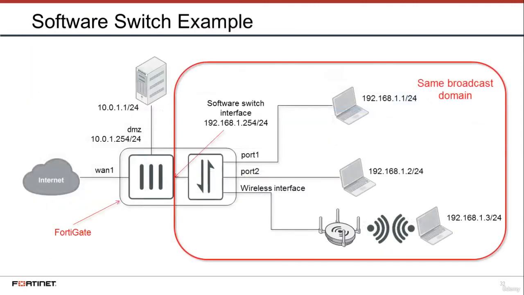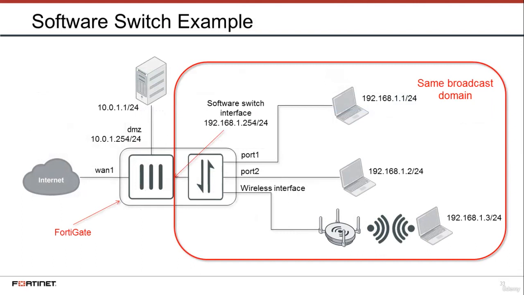Software switch example. In this example, the administrator grouped the wireless interface with port 1 and port 2 to form a software switch. These three interfaces are part of the same broadcast domain. All the devices connected to the switch interfaces belong to the same IP subnet 192.168.1.0/24.